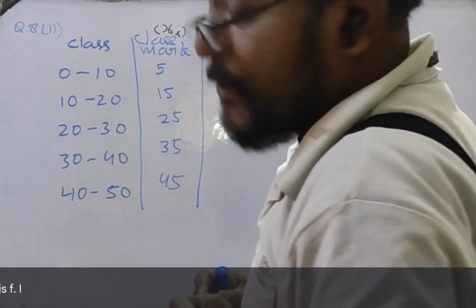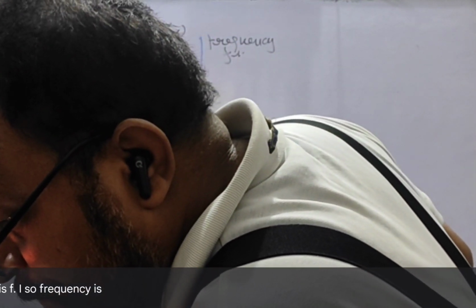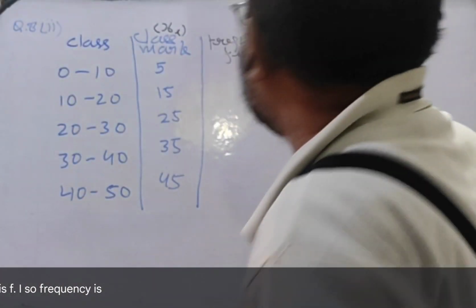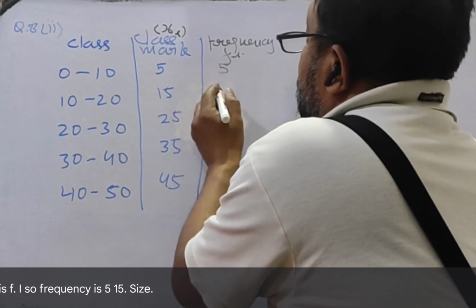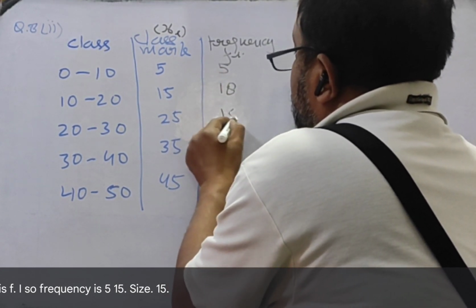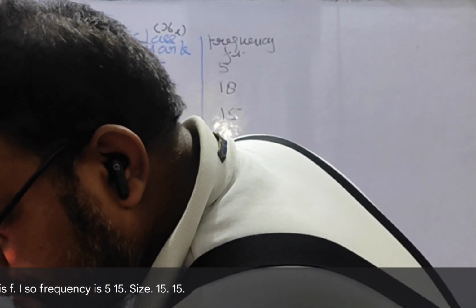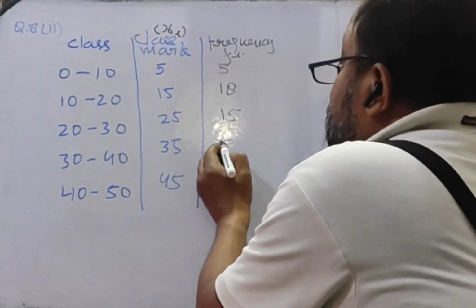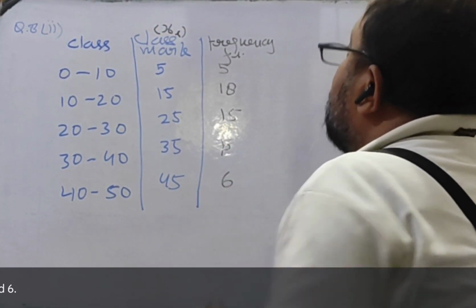So the frequencies are 5, 18, 15, p and 6, right?